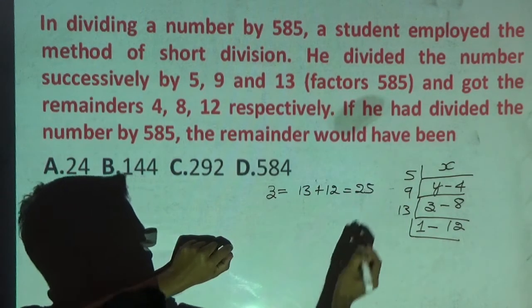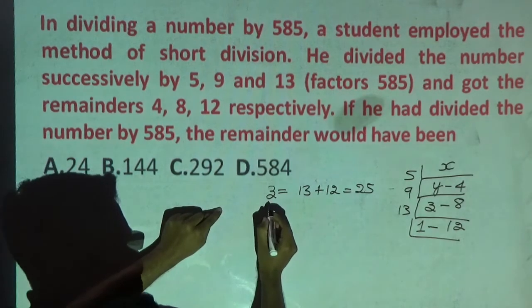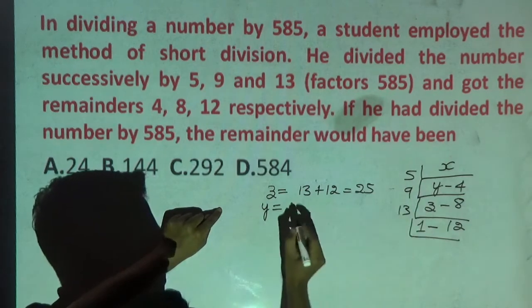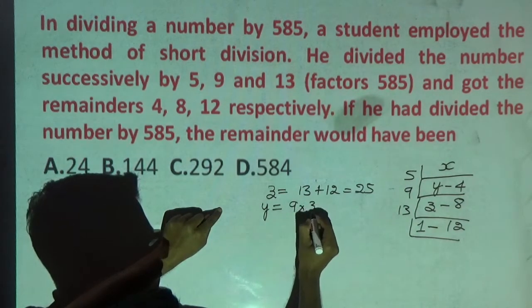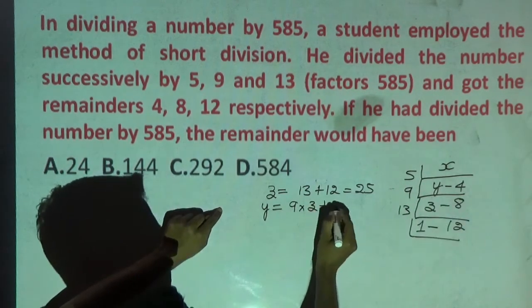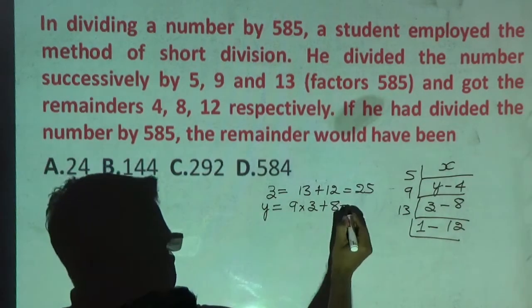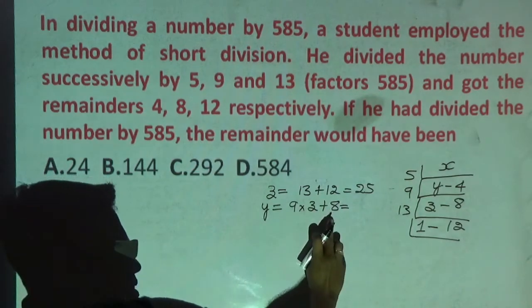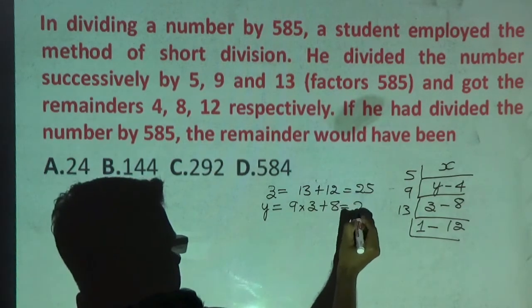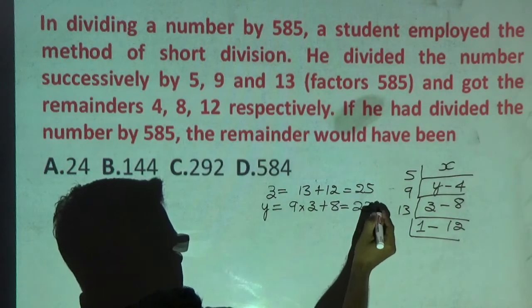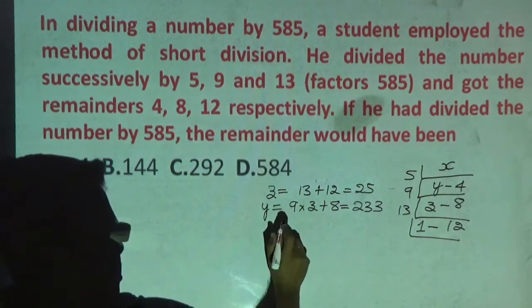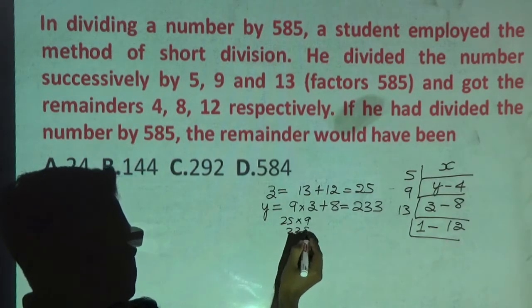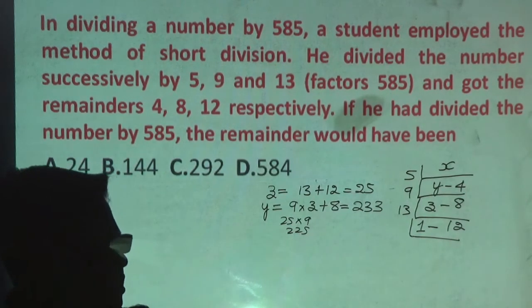Then let me find y. y is 9 into z plus the remainder 8. z is 25, and 25 into 9 is 225, plus 8 is 233. So y is 233.